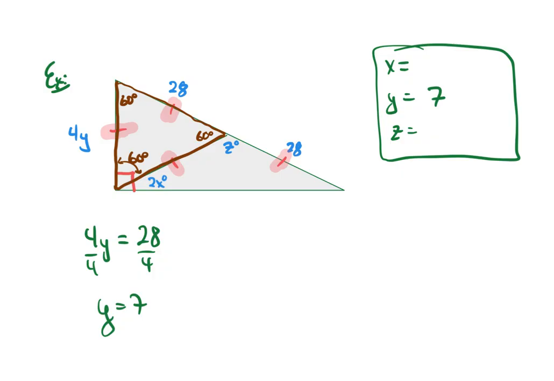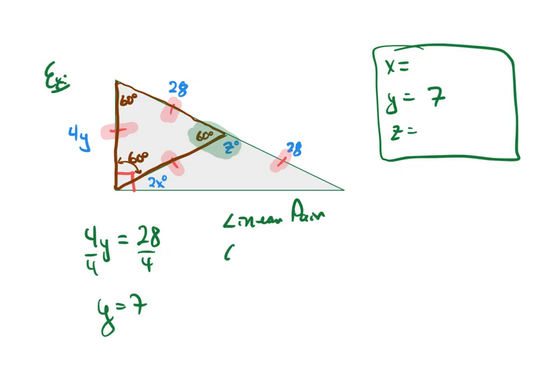Okay? And then I'd ask you to focus on these two angles, the 60 and the z. They're right next door neighbors. Whenever we have next door neighbors like that, they're called a linear pair.